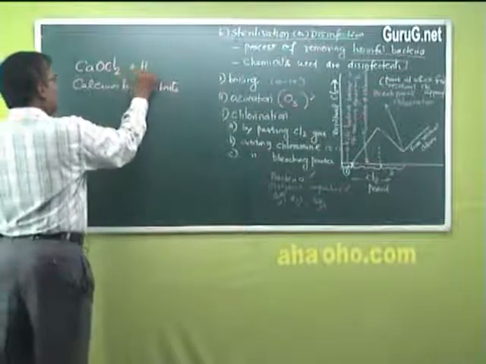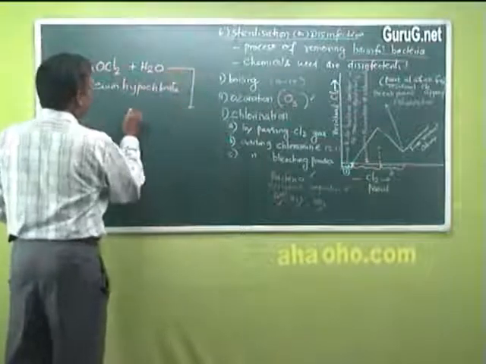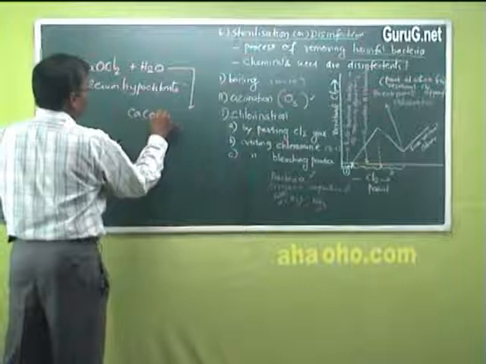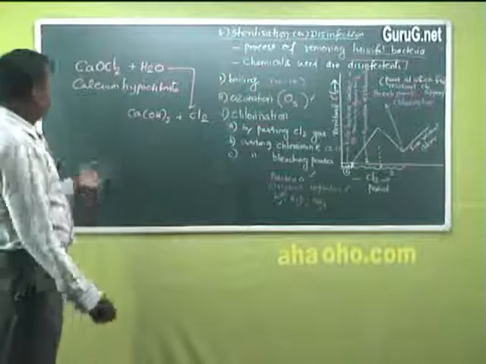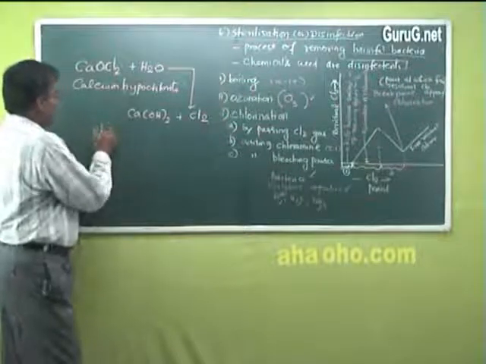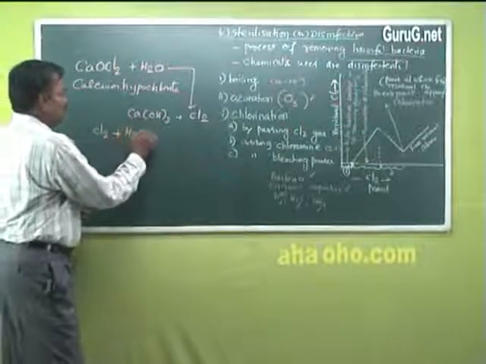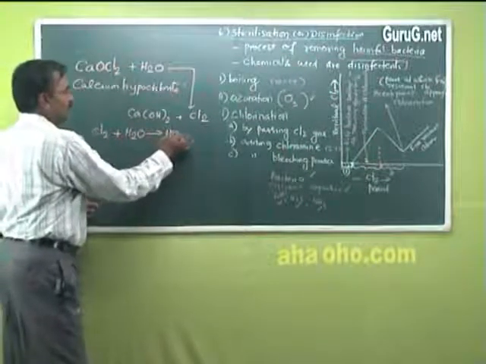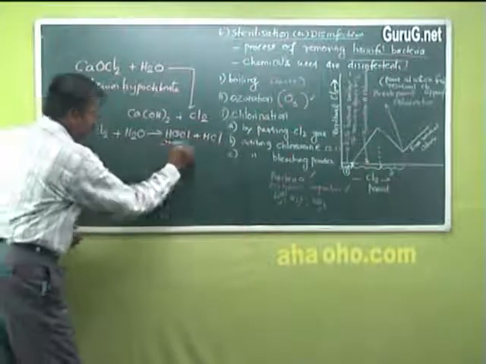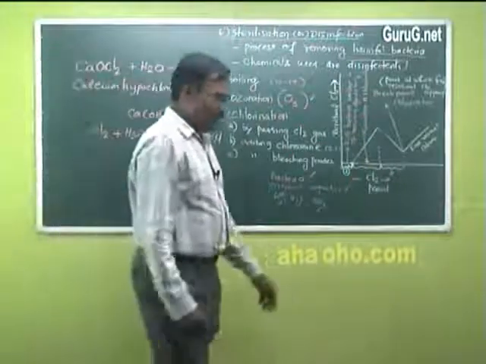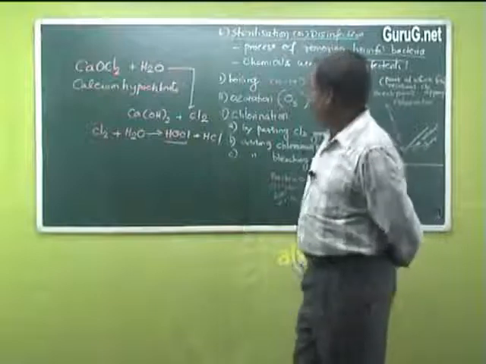Bleaching powder reacts with water, giving calcium hydroxide plus chlorine, and this chlorine gas, as we specified in the previous method, combines with water, giving HCl plus HOCl, and this hypochlorous acid is responsible for the sterilizing property.